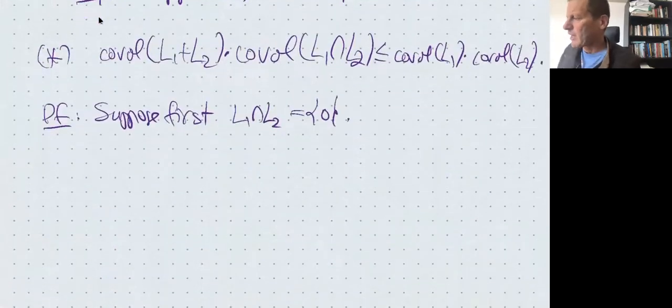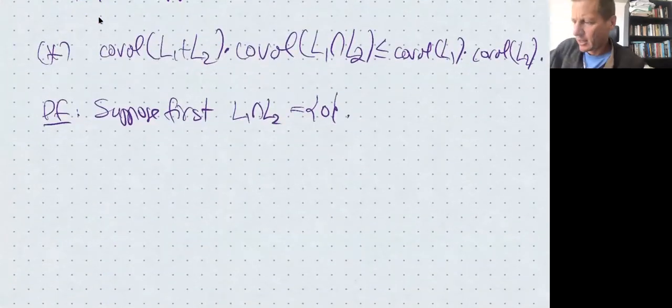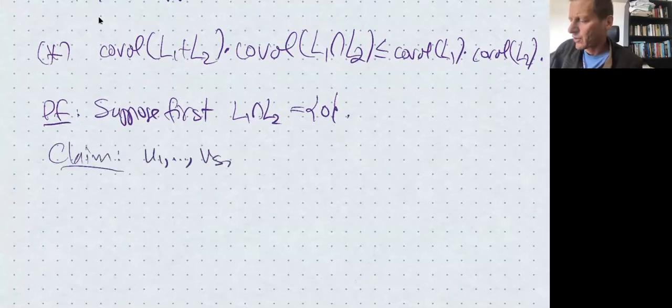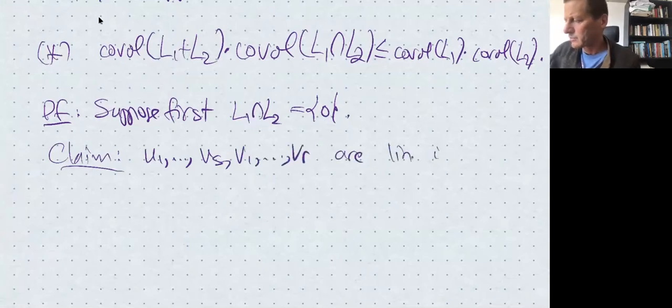And so I'm claiming that U1 up to Us all the way up to V1 up to Vr are linearly independent.